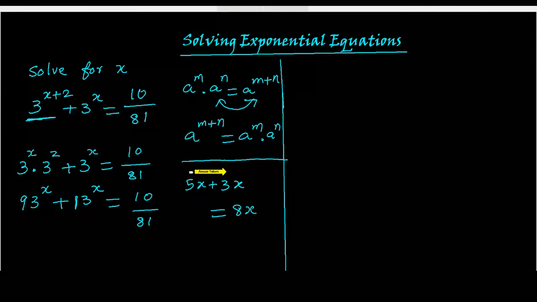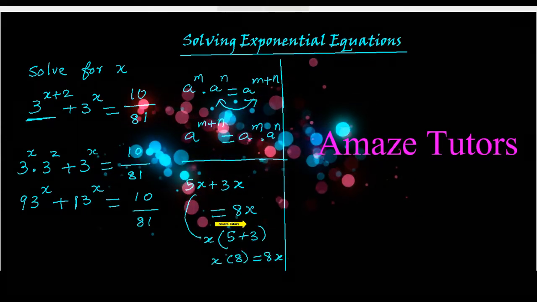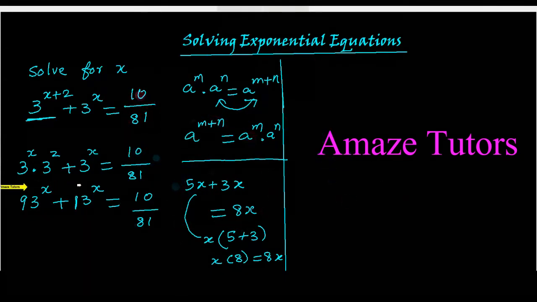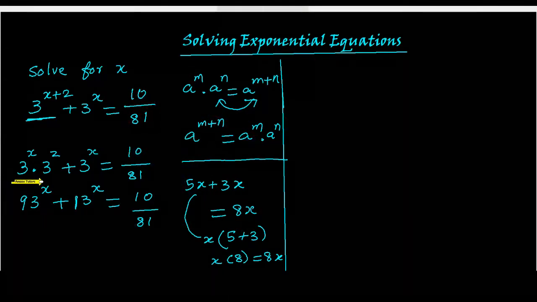If you take x as a common factor, 5 plus 3 gives 8x. In the same manner, here 9 times 3 power x plus 1 times 3 power x equals 9 plus 1, which is 10. So 10 times 3 raised to the power x equals 10 over 81.